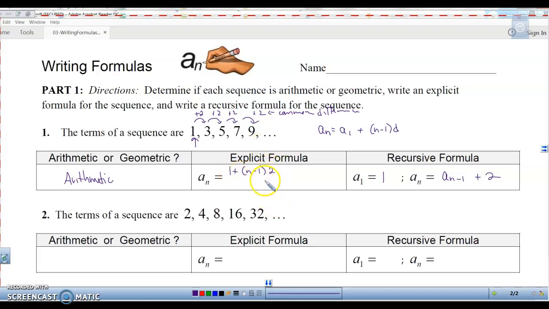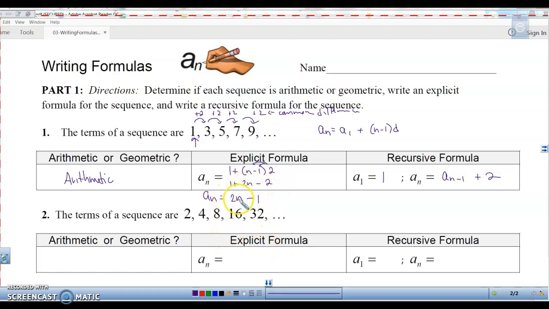You can leave it like this, but you can also distribute and combine your terms so it looks more like a linear function. So we're going to distribute the 2 through here, 1 plus 2n minus 2, and then combine your terms. A of n will equal 2n minus 1.